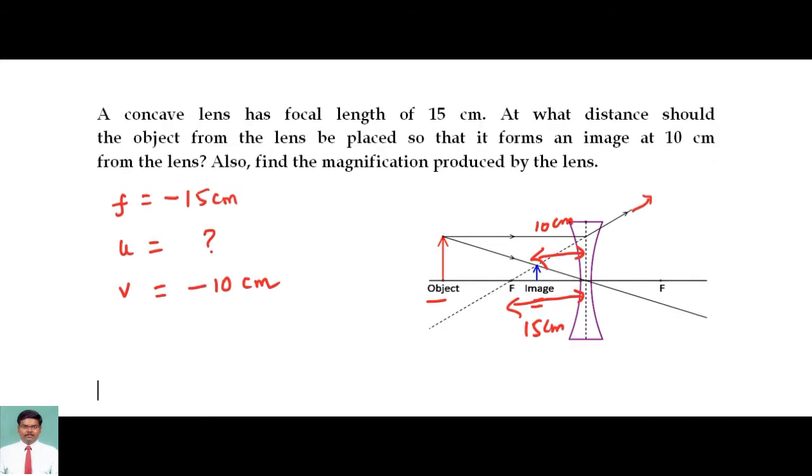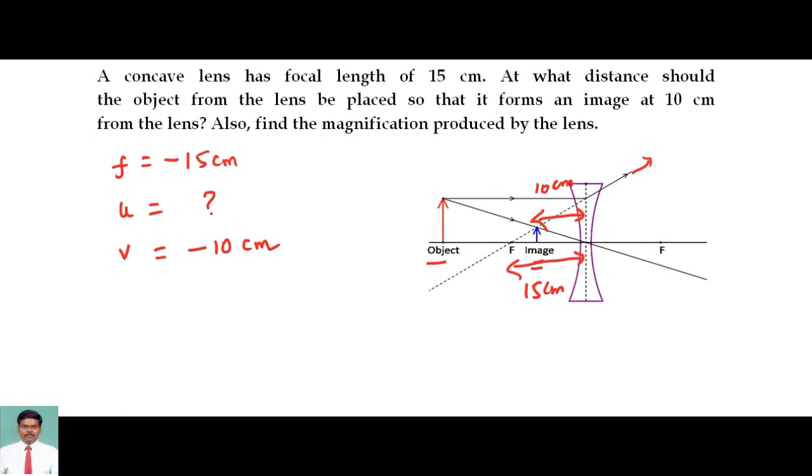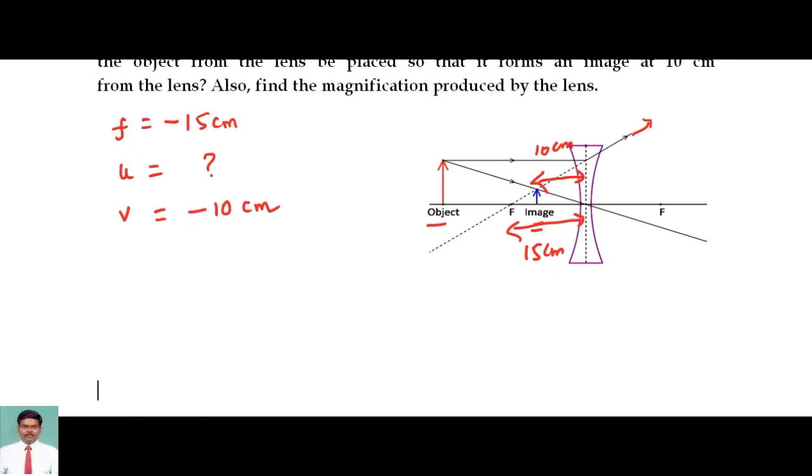Now we have to find the value of u. To find this, we know the lens formula, 1 by f is equal to 1 by v minus 1 by u. Now I want to calculate 1 by u, so I am taking the 1 by u to the other side and 1 by f to the right hand side.